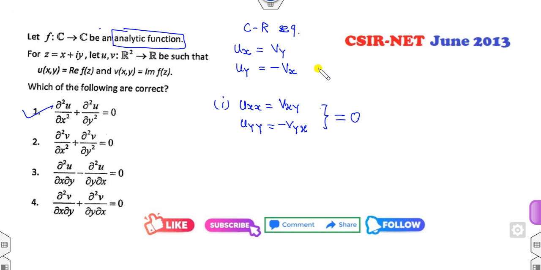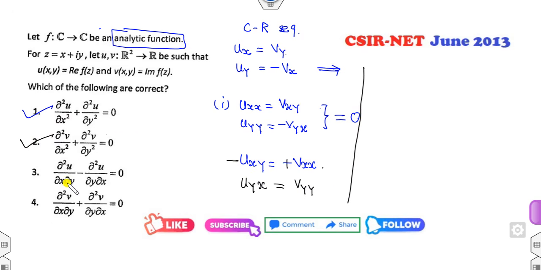Now v_xx, so I can differentiate this with respect to x. u_xy is minus v_xx, and v_yy is u_yx. If you add v_xx plus v_yy, this is negative, this is positive, if you add them, it is 0. So yes, this also is satisfied.